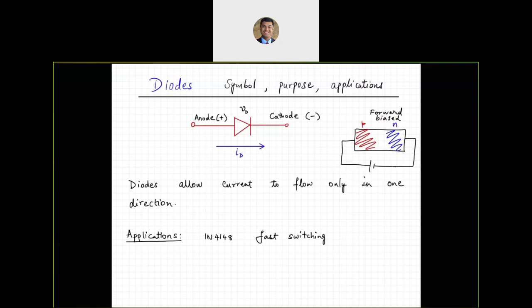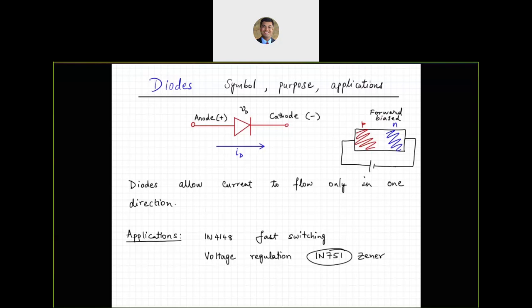The other applications include voltage regulation, to make sure that the voltage does not change much, even if there is a change in current through the diode. And we achieve that by using the Zener diode 751. So that's the Zener diode that we are going to use to achieve voltage regulation.